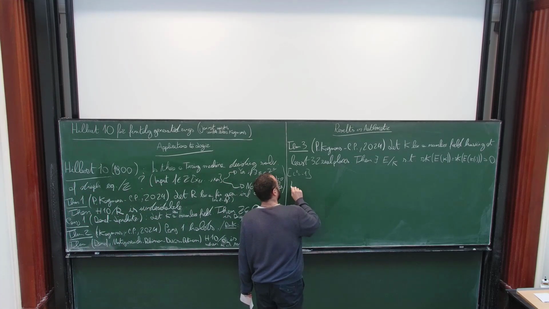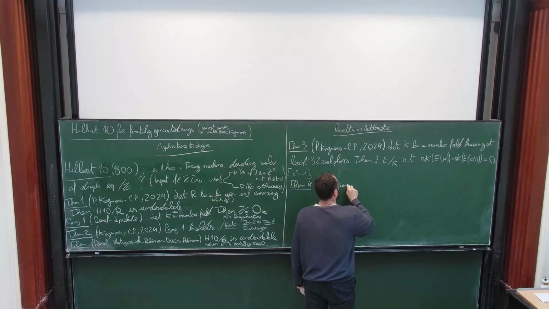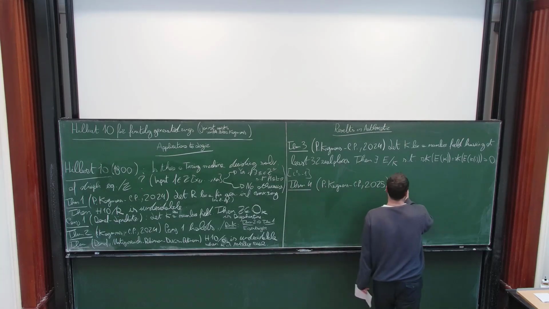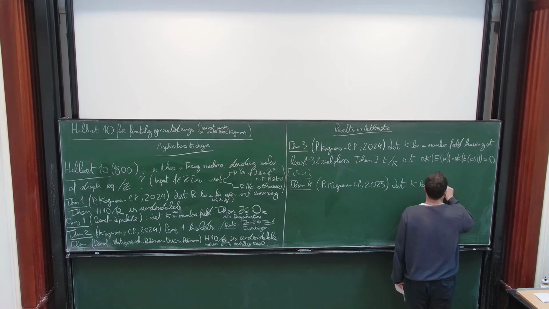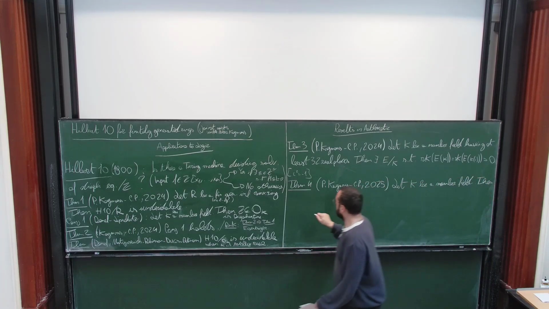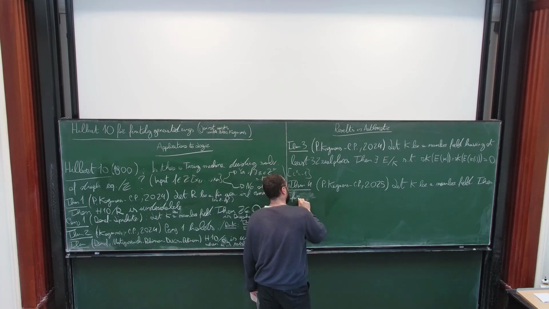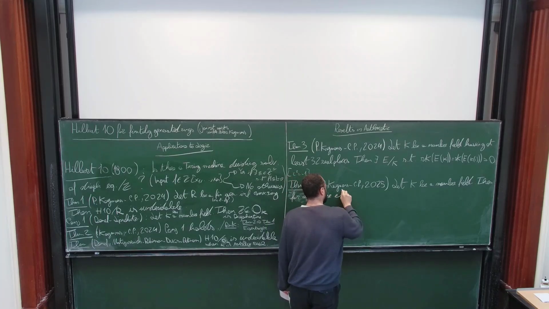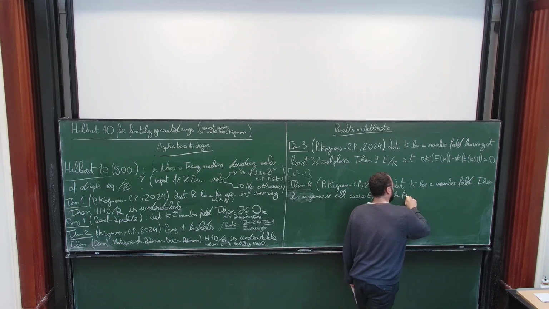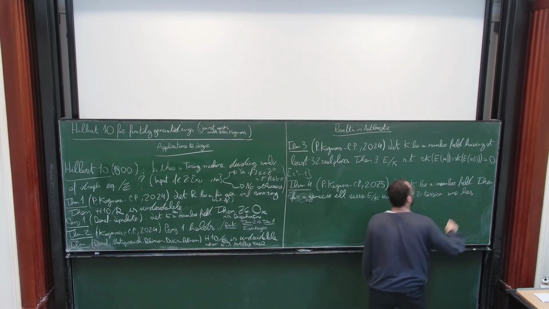And here I want to take one of those, and the result is that if K is a number field, then for a generic elliptic curve E over K with full two torsion, there are infinitely many quadratic twists of rank exactly 1.